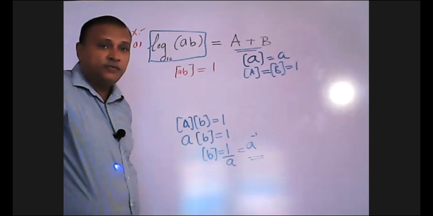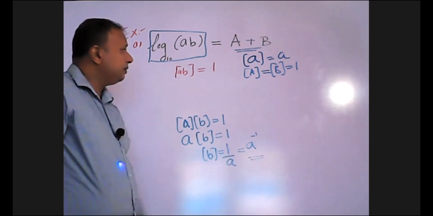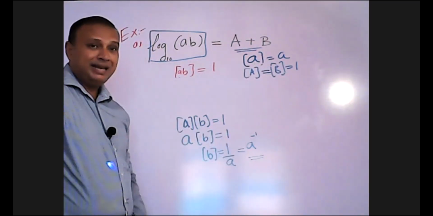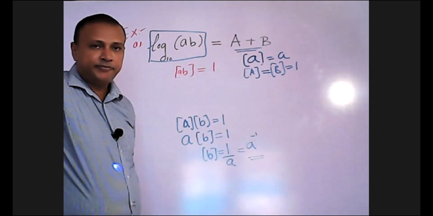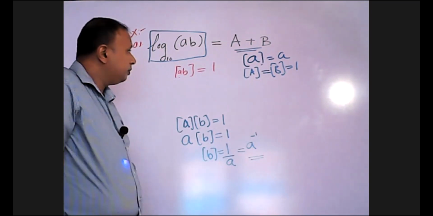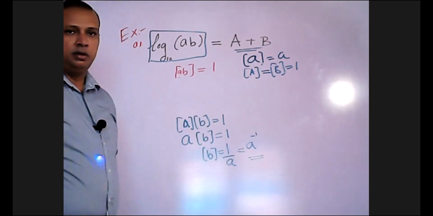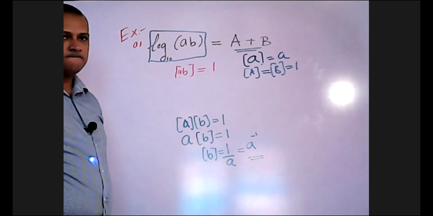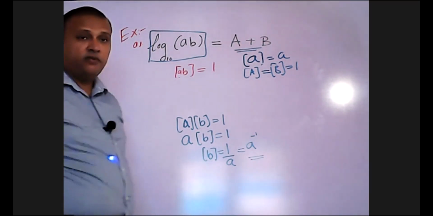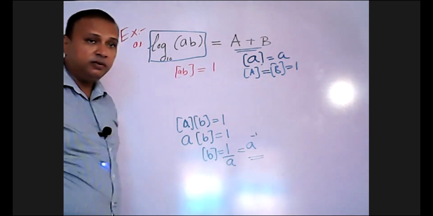If the dimension of simple A is equal to simple A, find the dimension of the other three physical quantities.